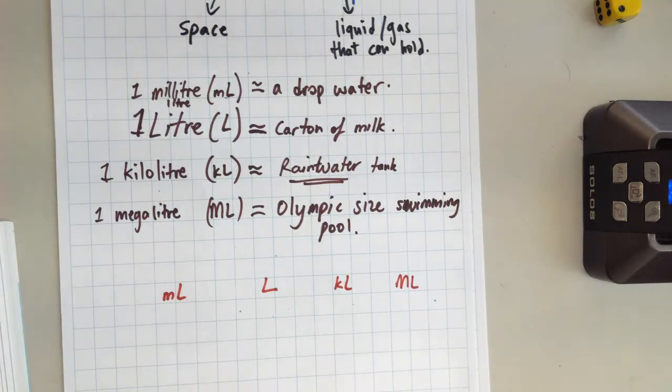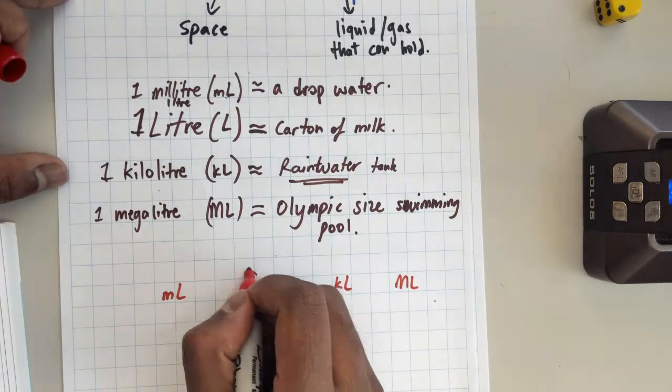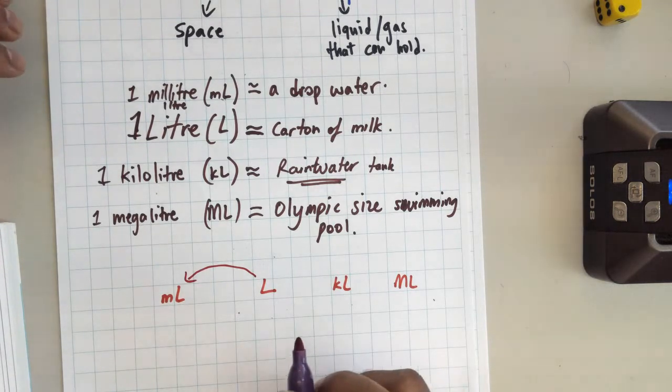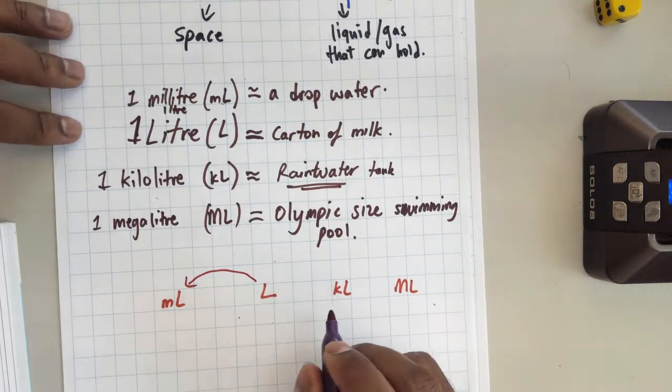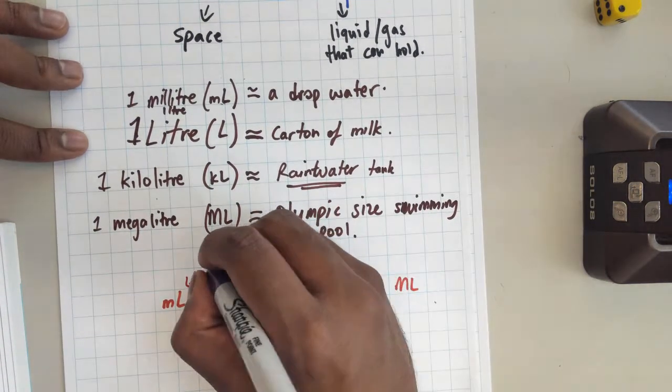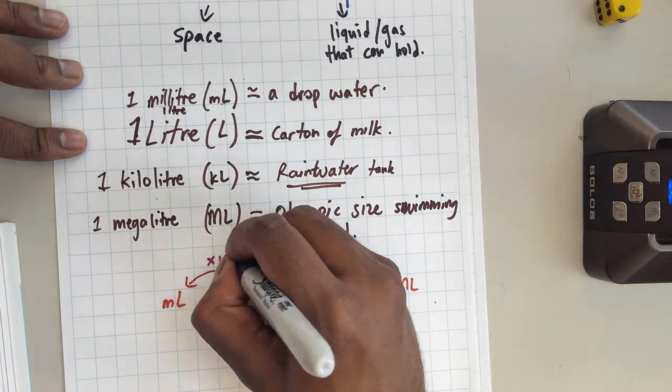Alright, so there are 1,000 milliliters in 1 liter. So to go from liters to milliliters, we're going to times by 1,000.